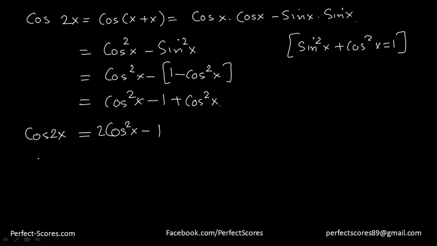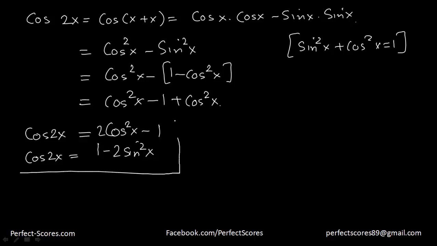That is cos of 2x. Again, if you want to write cos of 2x in terms of sin x, if you substitute sin square instead of cos square, you're going to get 1 minus 2 sin square x. So that is again a very, very important expression.